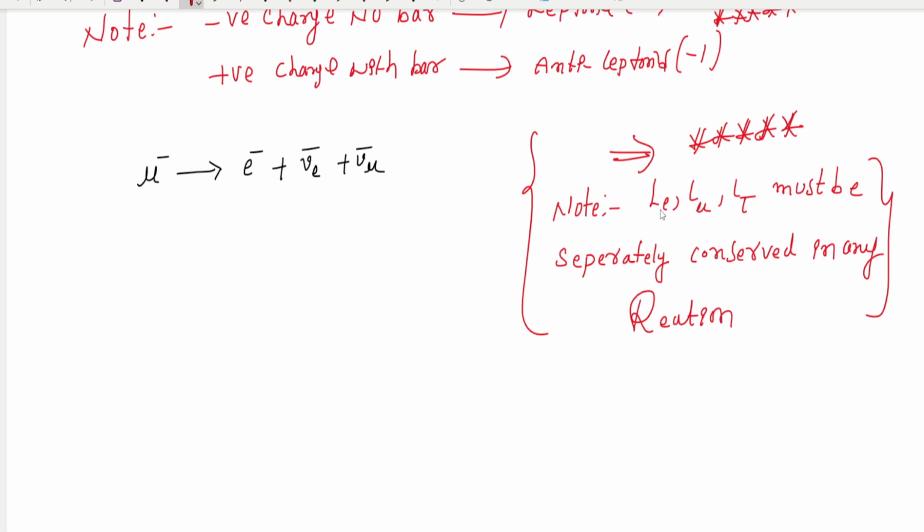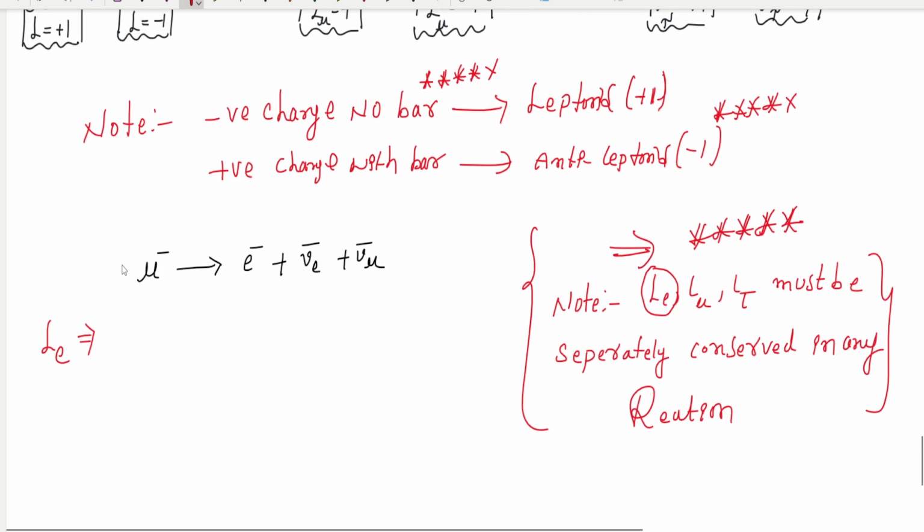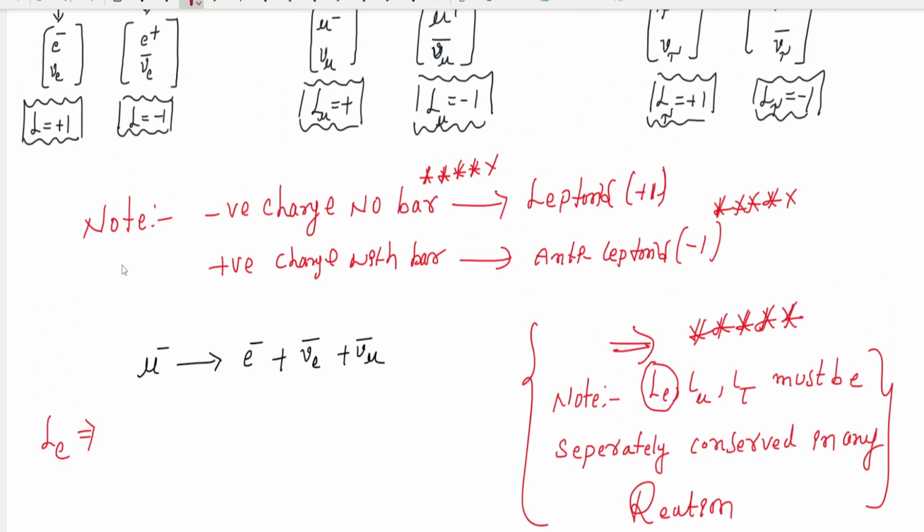First, we need to check L_e. What is L_e? Here already the L_e is there, right? L_e is the conservation of lepton number in terms of electron. So this side is electron 0, right?